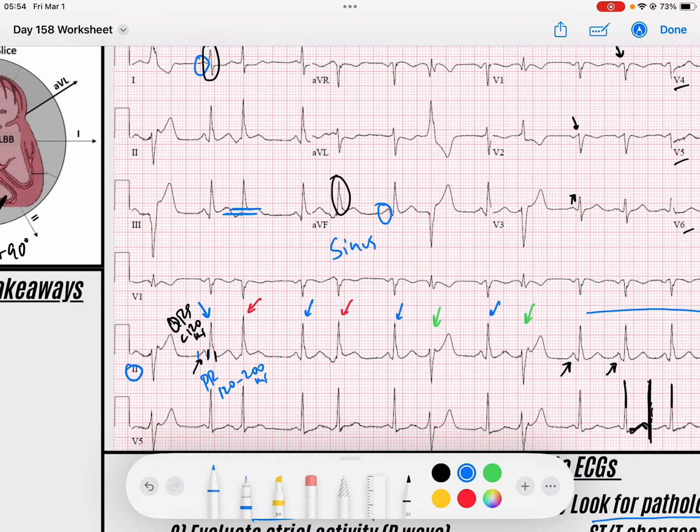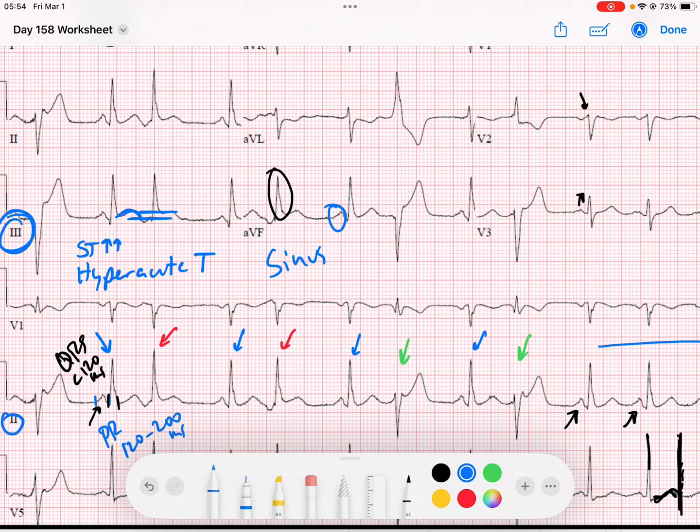So we've got some ST segment elevation, and those T waves are kind of bulky. So we've got some ST elevation, and we have hyperacute T waves, predominantly in lead 3, but you see them here as well in lead AVF.